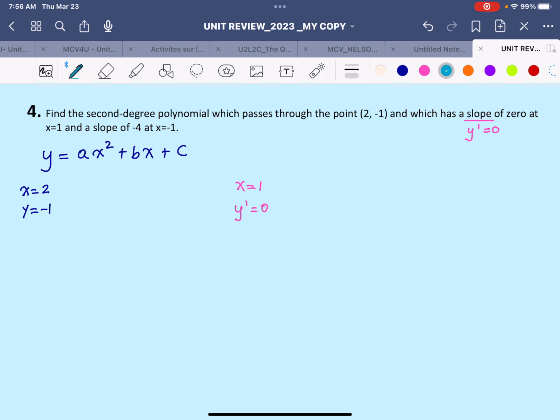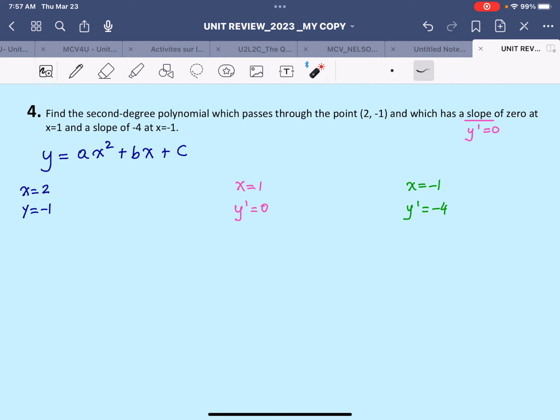And the last piece of information here states that this would have a slope of negative 4 at x equals negative 1. So similarly, we're going to say that at x equals negative 1, the slope, or the derivative, will have a value of negative 4. So let's get to work.